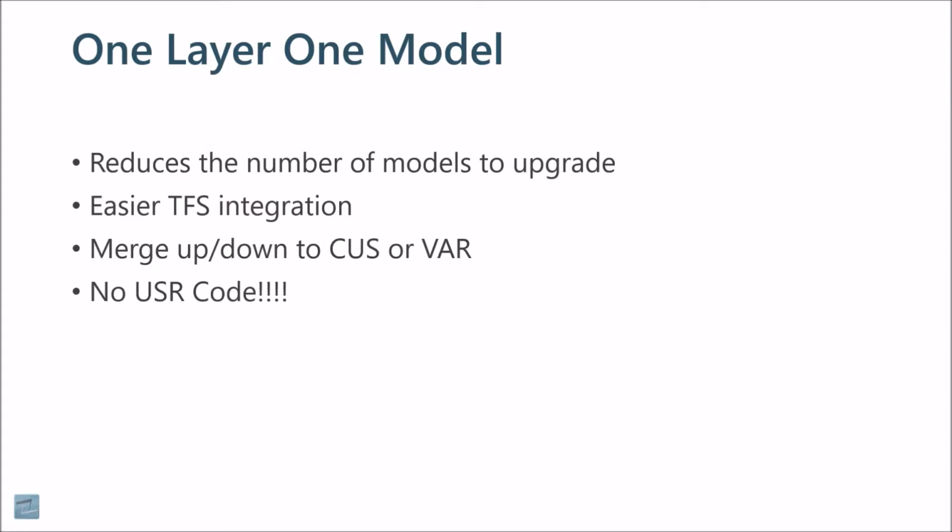If you have 3 models sitting in your system or 3 layers, layers tend to be more of the king in the 2012 world. You would have to move each one of those layers into your upgrade piece. The fewer of those we have, the easier it is to run everything through. Again, it makes for TFS integration a lot simpler.